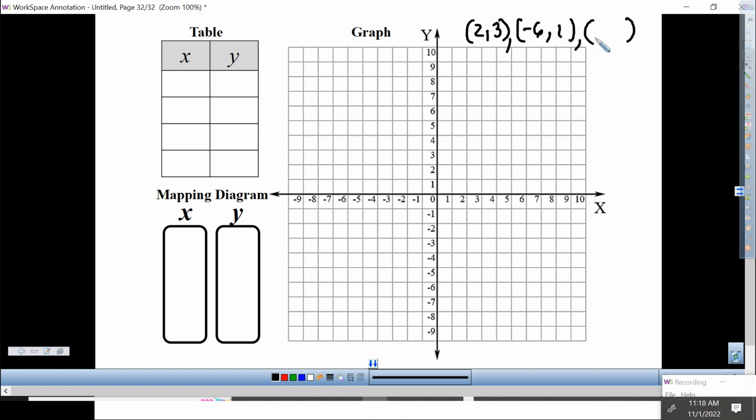Isabella, go. 4, 2. All right. So let's write them on the table. 2, 3, negative 6, 1, 4, 2. Do they have any particular order? No. You just write them in the table just to get organized. Let's plot those. 2, 3, negative 6, 1.